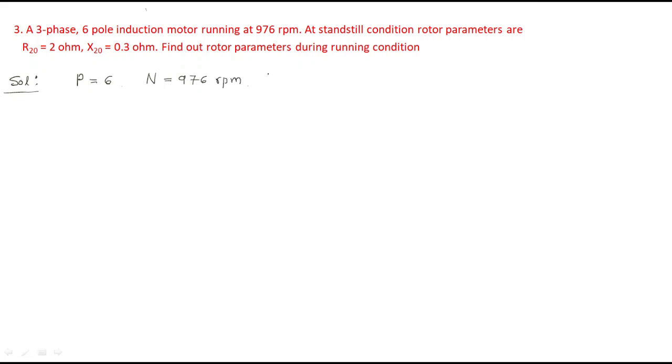At standstill condition, rotor parameters. What is the meaning of standstill? At standstill the rotor is stationary, that means the rotor doesn't rotate. Rotor speed is 0. In that condition he mentioned two things.